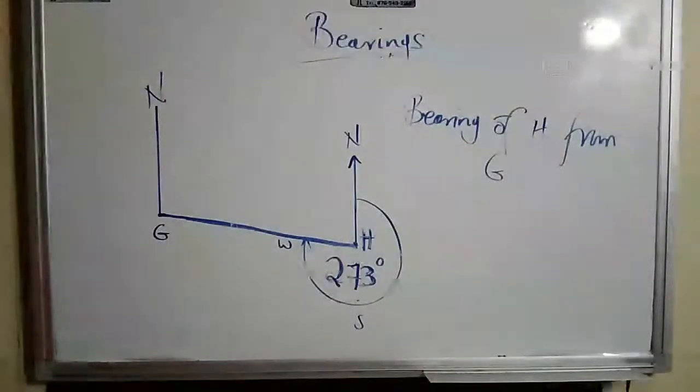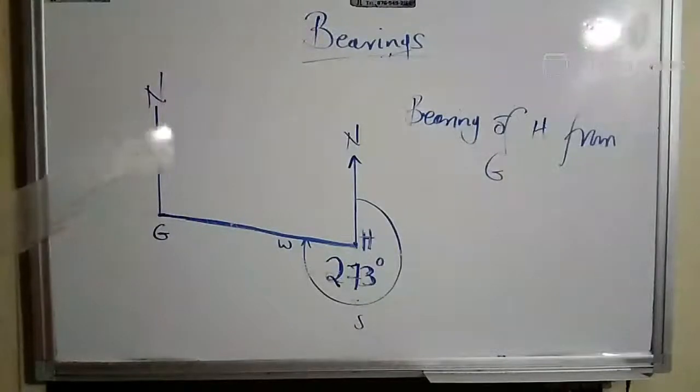So we are looking for the bearing of H from G. Just to recap what we did when you guys were absent, we say that a bearing is the angle between the north line and the point. That's the angle in a clockwise direction.